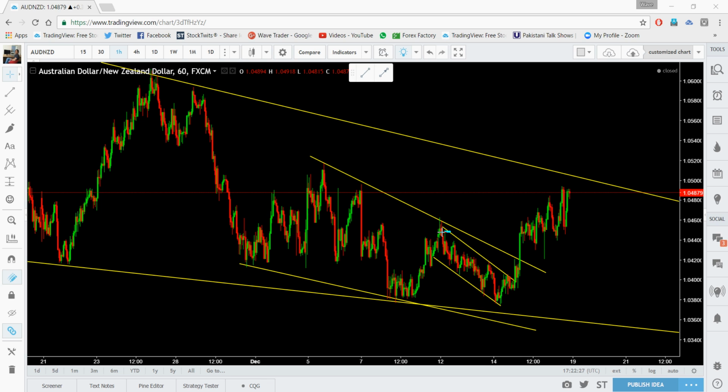Okay, when this corrective pattern was forming, we were looking for a buy setup here at this place, and once price broke out, if price does not continue to the upside, then we were looking here at this place. Okay, now we are looking for a buy setup here at this place. If price does not continue to the upside, we can see a trend continuation pattern is forming over there.